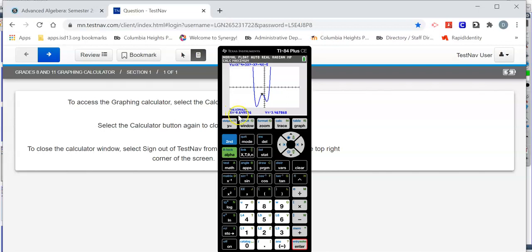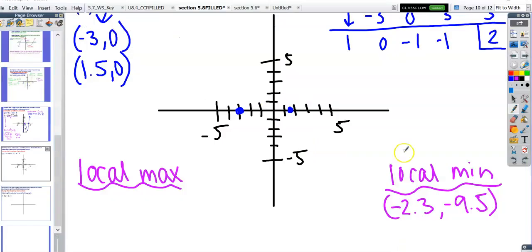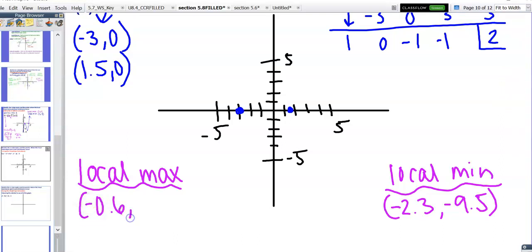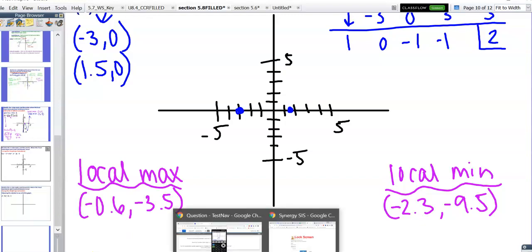So our local maximum is about (-0.6, -3.5). And these are estimates, but they're pretty close, so we can go with those.